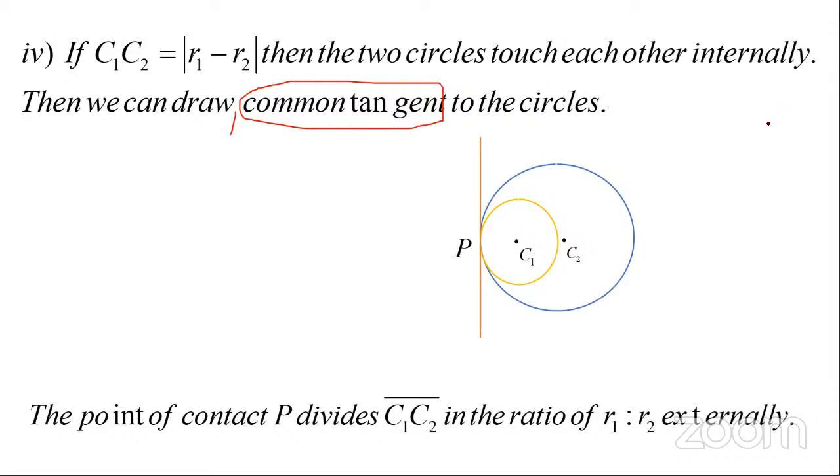So this point P divides C1C2 externally in the ratio R1 is to R2. So this is the external division formula.